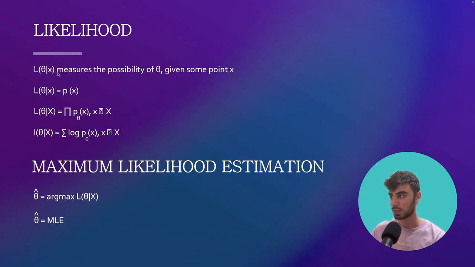X was an example, an observation, in our previous video, the points. It describes how probable the observed data is for different values of the model parameters.